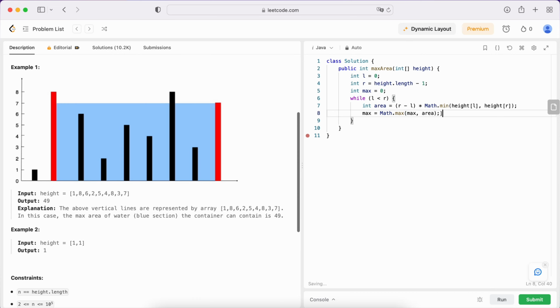After that, if the height of left is less than the height of right, it means we need to move our left to the next one. Otherwise, we need to move our right to the previous one, and after all, we just return max. So let's check.